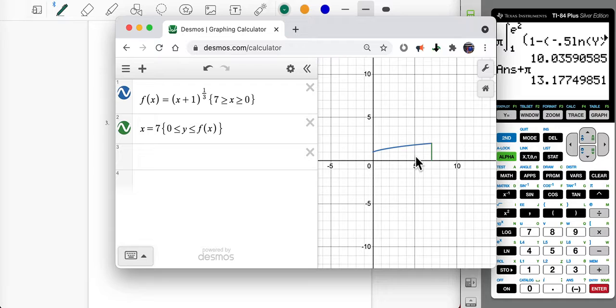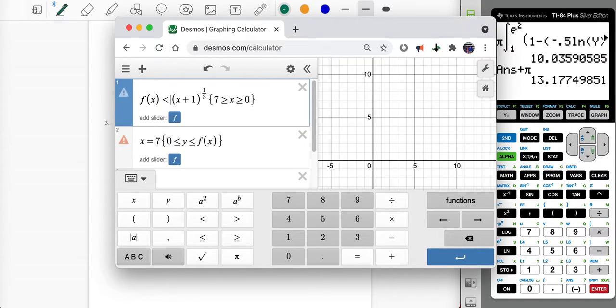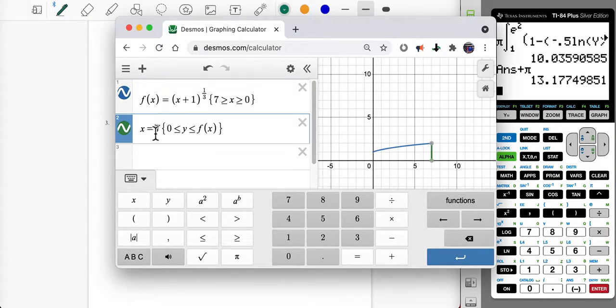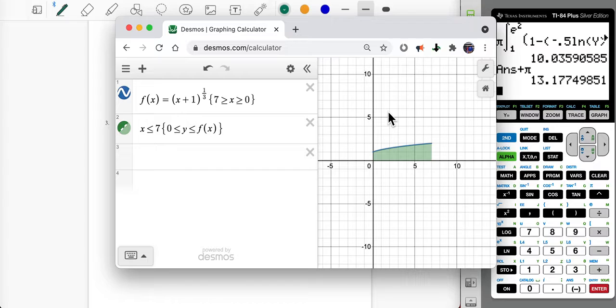All right, so that's kind of nice. You could also, if you want to have some shading, you can do that too, because inequalities take care of shading. Sometimes it's a little iffy when you get into multiple functions. So I just tried it with the f of x. That was a little iffy.